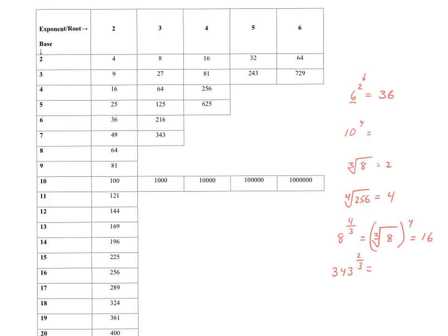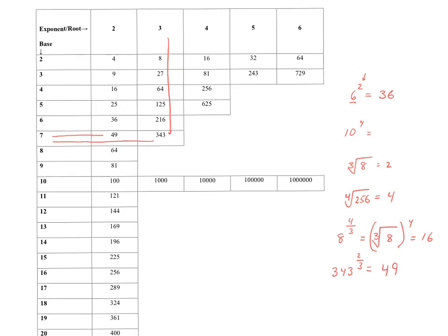So I'll move down the third root column until I hit 343. I know that the third root of 343, therefore, is 7. And I can move back to the squared column, okay, the exponent of 2 column, and I know that that's 49. So 343 to the 2/3 power is 49.